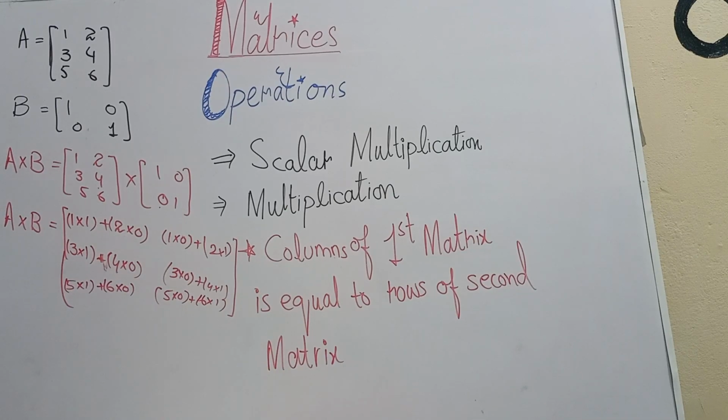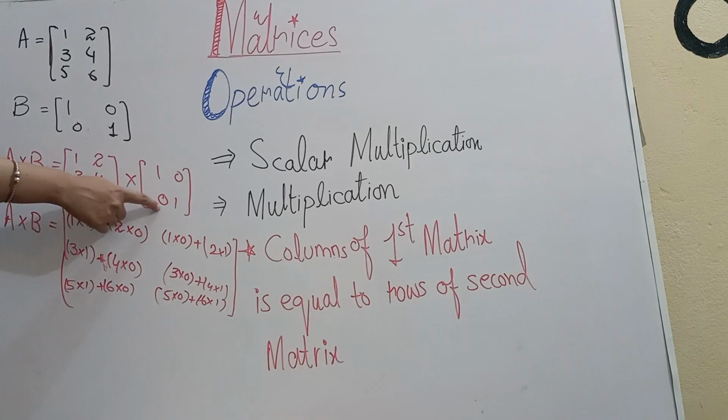Friends, here is a trick where you can verify that you are going to the right solution. Just go through the column, that is 1, 3, 5, and here is 1 and 0. That means this whole column's elements will be multiplied by 1. Here is 1 multiplied by 1, 3 multiplied by 1, and 5 multiplied by 1.